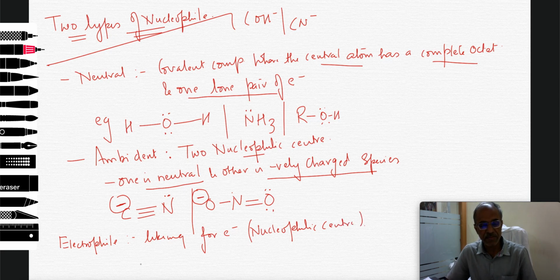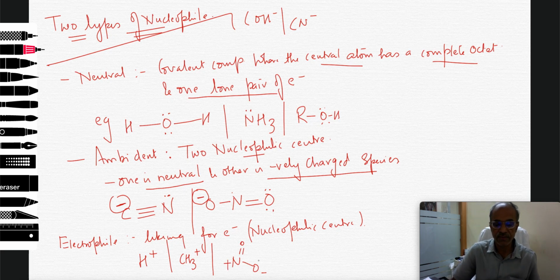I'll give you some examples like H plus or CH3 plus, or N double bond O single bond O minus plus. This is an electrophile. Fine. This is an electrophile.